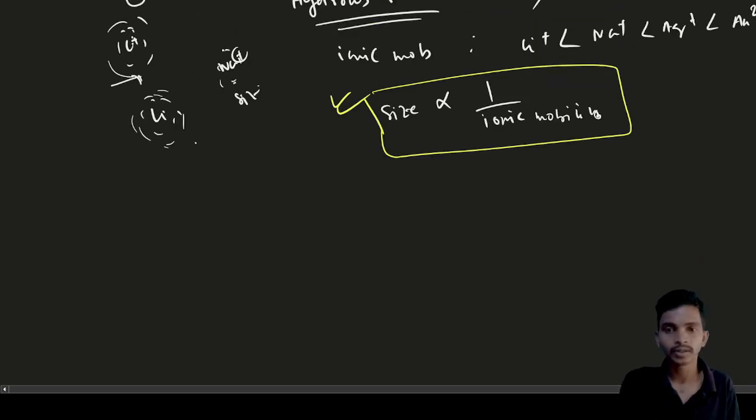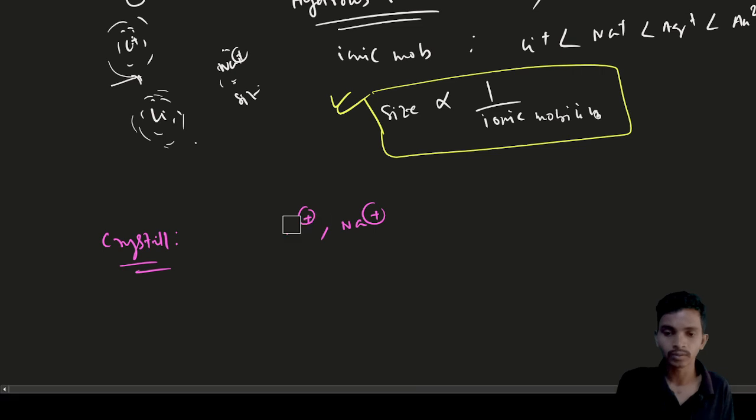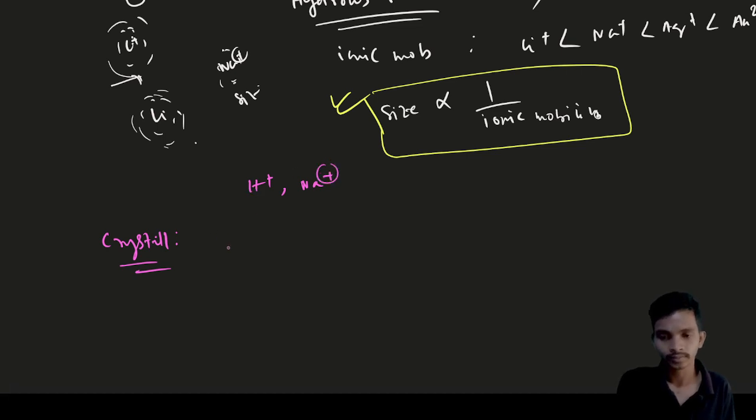Same thing if we compare, let's say, H plus and Na plus. For crystallographic size, if you compare H plus and Na plus, the size of H plus is less and the size of Na plus is more.